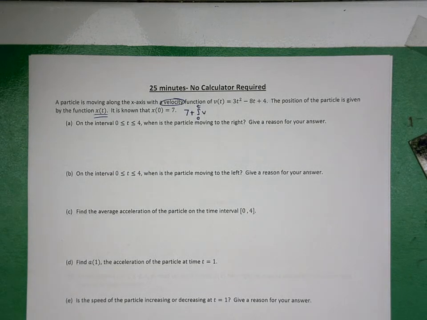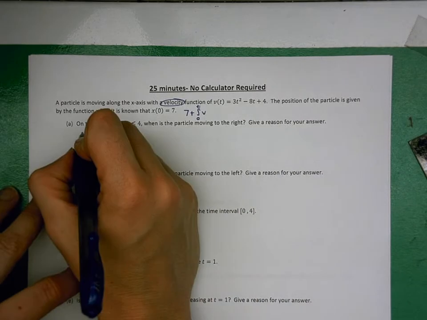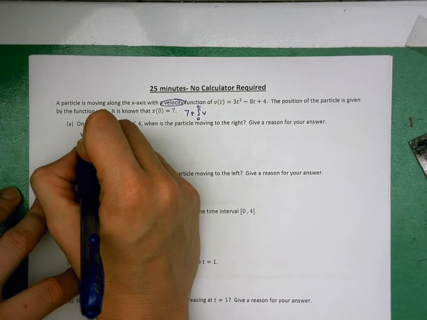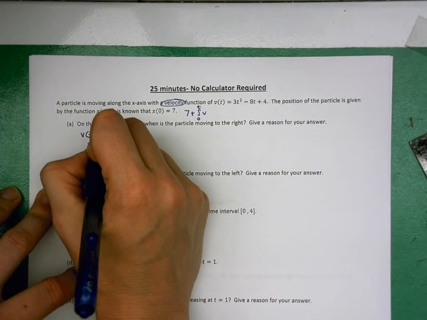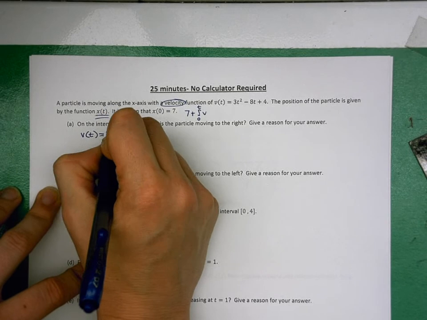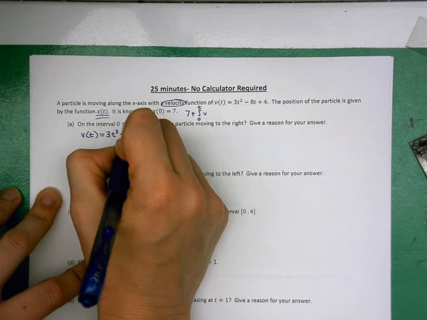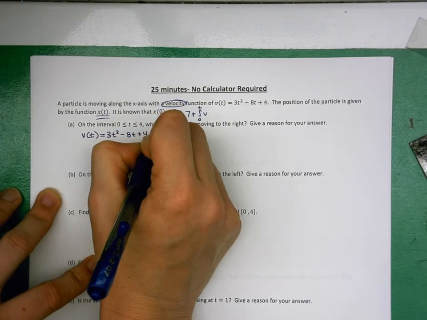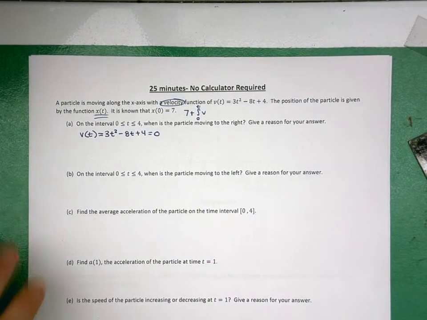Here we go. On the interval 0 to 4, when is the particle moving right? So the particle moves right when the velocity is positive. This comes out of our particle motion packet. We're going to go ahead and set our velocity equal to 0 so that I can figure out where I'm positive.